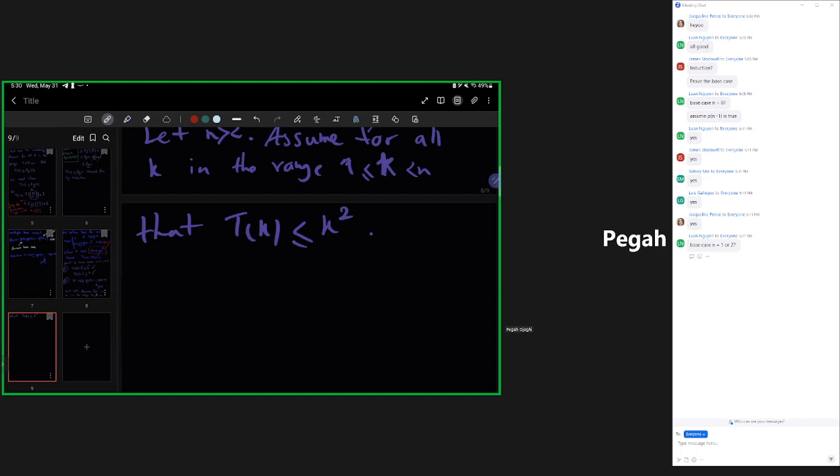If we assume that, we must show that T(n) is less than or equal to n squared. So that's what we need to show.